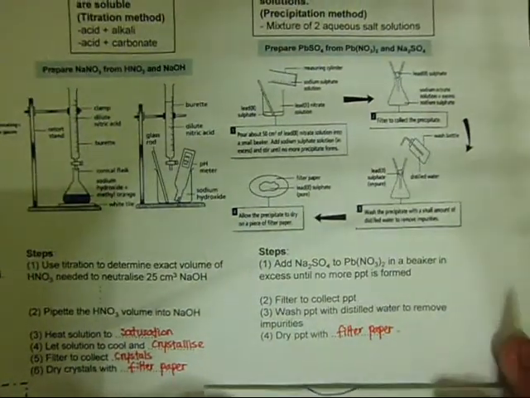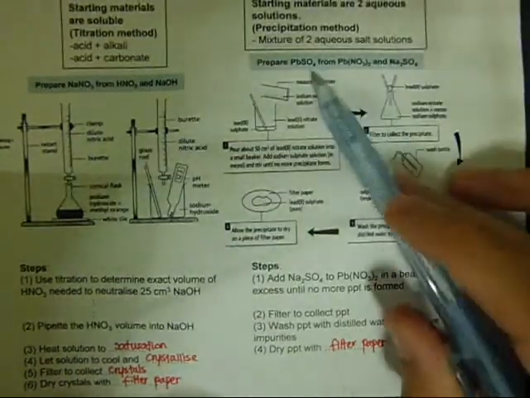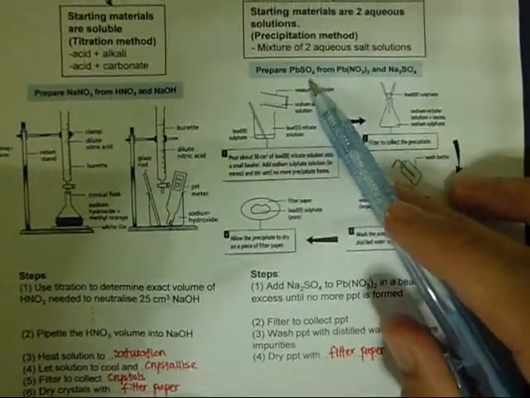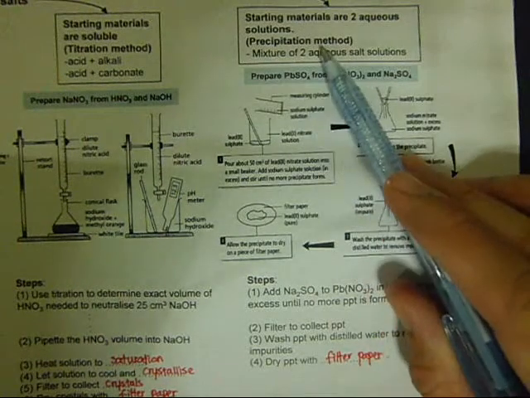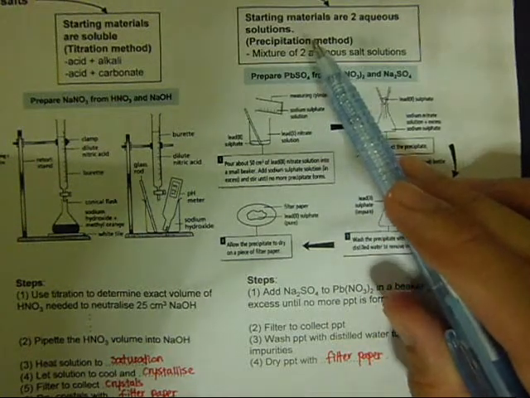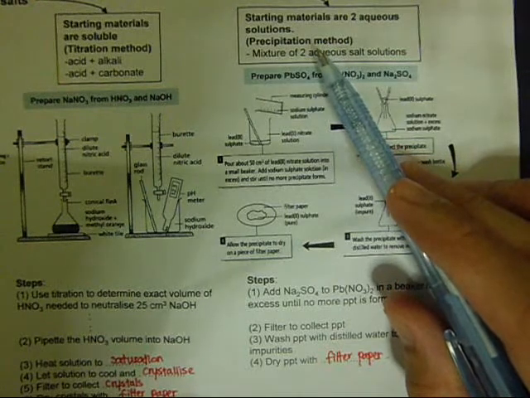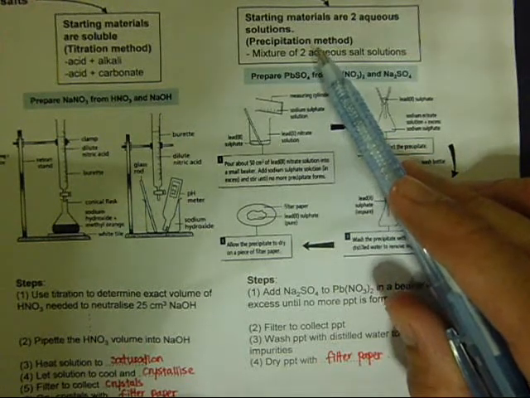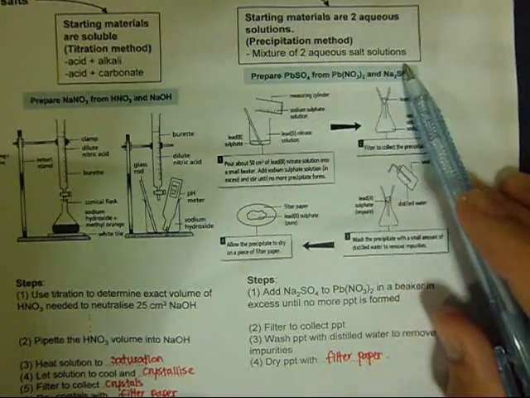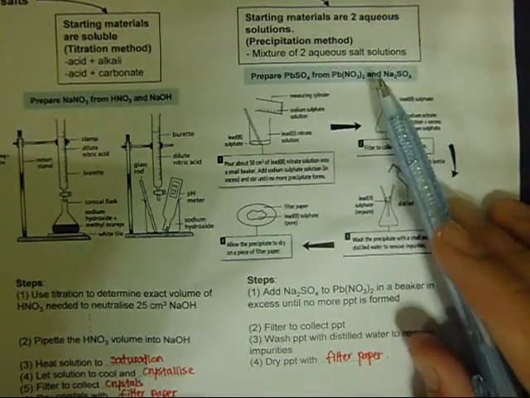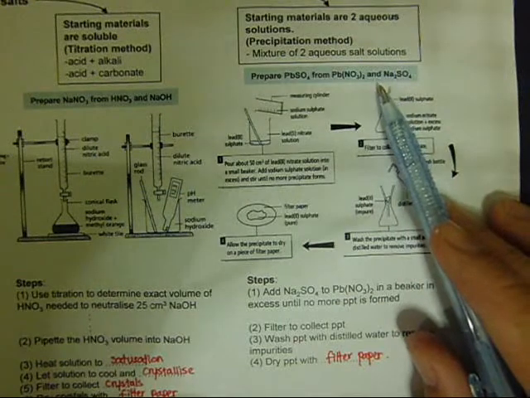Just a recap: the first thing is to know that lead-2 sulfate is insoluble. When it is insoluble, we have to use the precipitation method. To prepare an insoluble salt this way, the two starting materials must be soluble, that's why it is a mixture of two aqueous salt solutions. So you have to figure out what the two starting materials are.